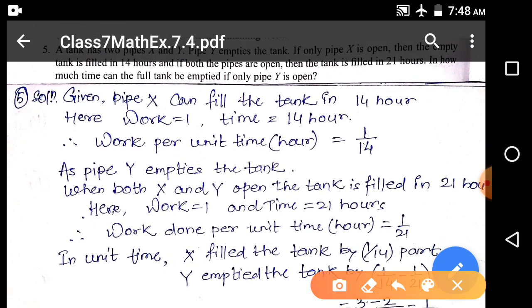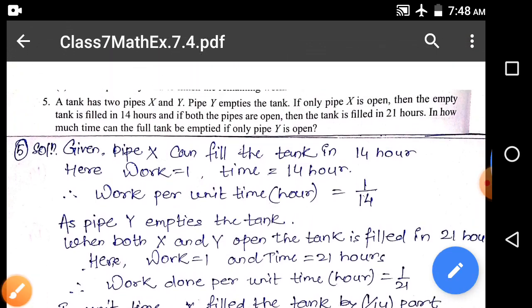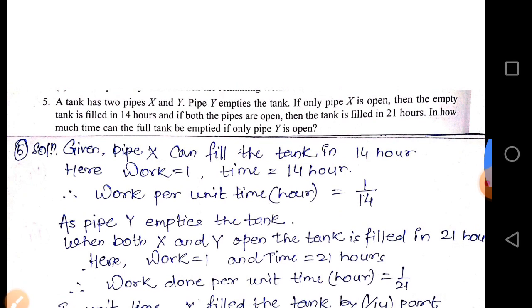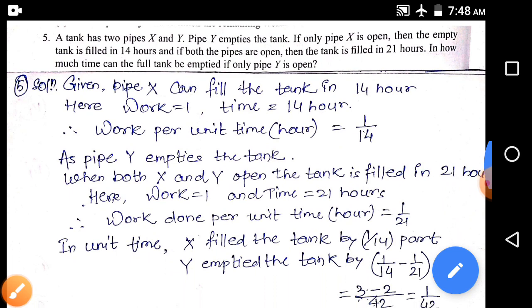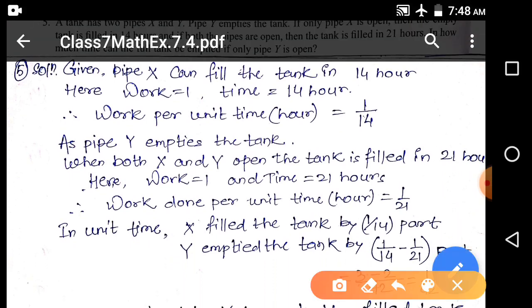Now, pipe Y empties the tank. See what is next given in the question. If both pipes, X and Y, are open, then X is filling the tank and Y empties the tank, and the tank is filled in 21 hours. So when both X and Y are open, work is 1 and time is 21 hours.